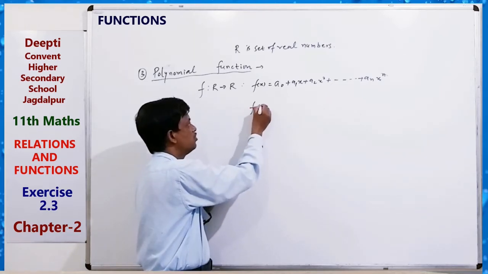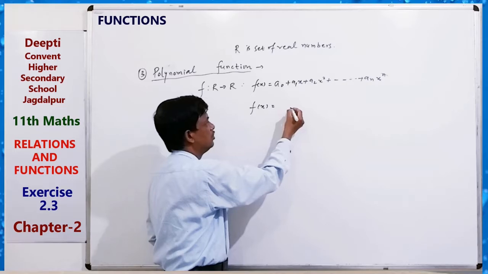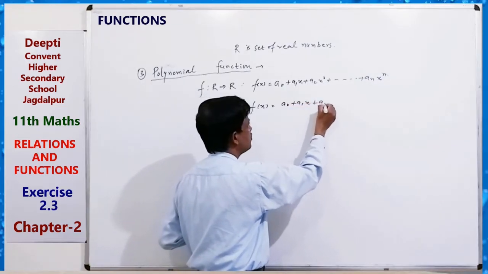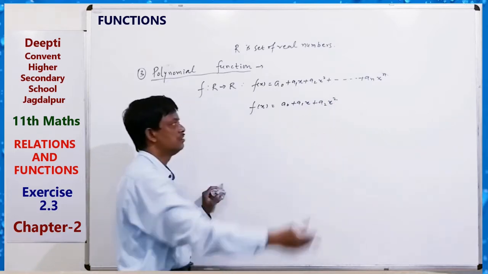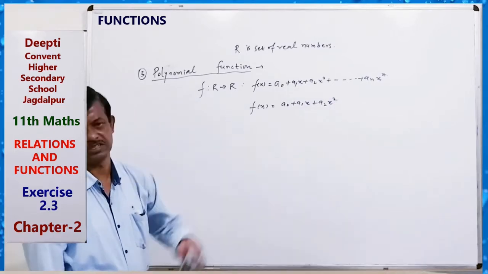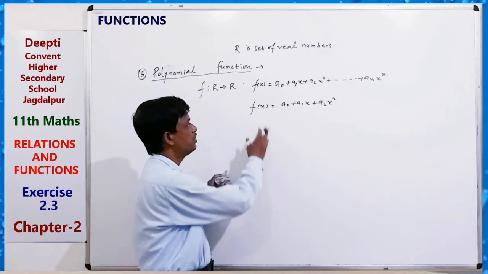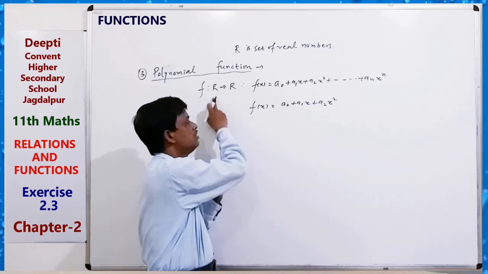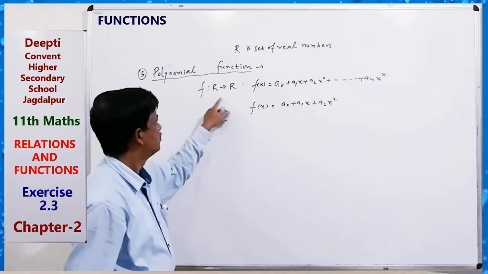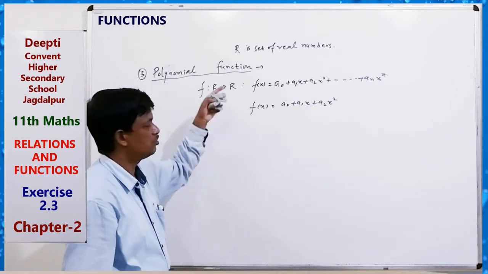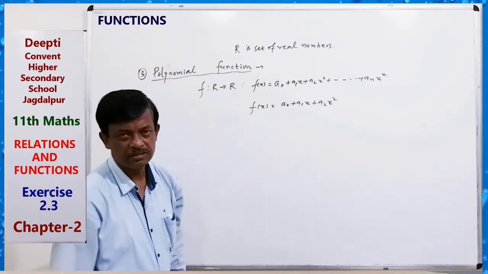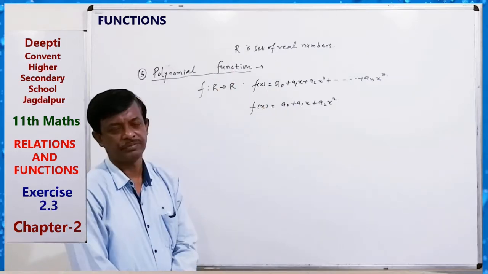For particular, suppose n equal to 2, then we can write a0 plus a1x plus a2x square. This is a second degree polynomial function. Its domain is always the real numbers, and the codomain is also the real numbers, R to R defined, and the range is always the whole real numbers.